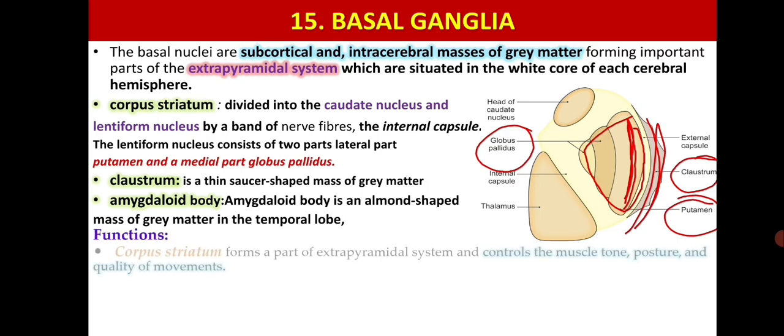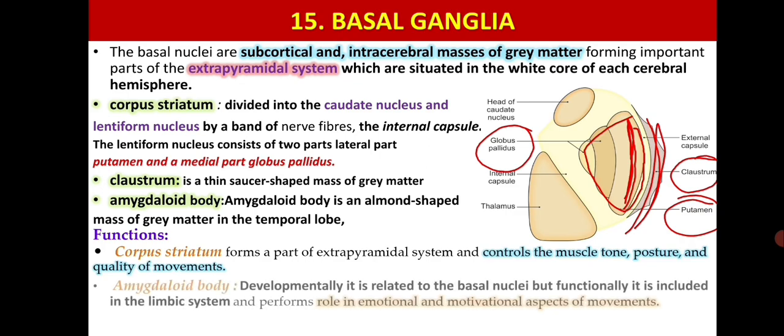The functions of the basal ganglia: the corpus striatum forms the extrapyramidal system and controls muscle tone, posture and quality of movements. Whereas the amygdaloid body is developmentally related to the basal nuclei, but functionally it is included with the limbic system. The limbic system mainly plays a role in emotion and motivation.